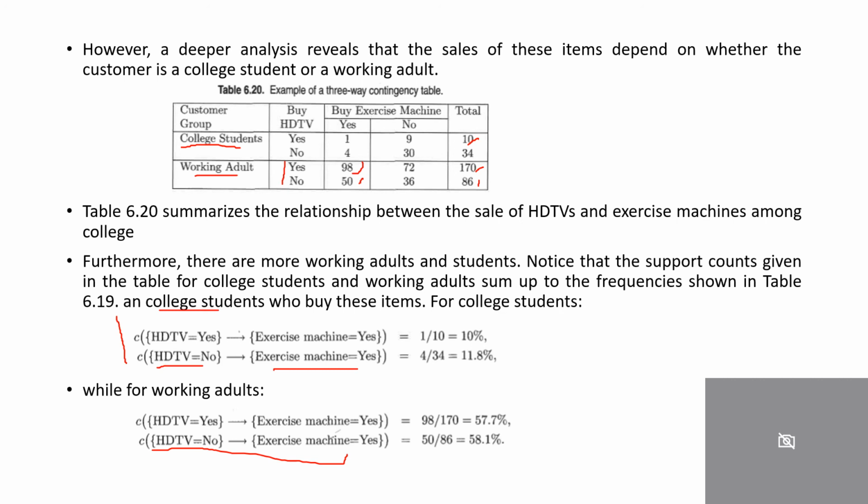Whereas in the previous table, if you observe, there was a stronger relationship between persons who purchased HDTV. It also indicated that they had purchased the exercise machine. So this reversal in the direction is called Simpson's paradox.